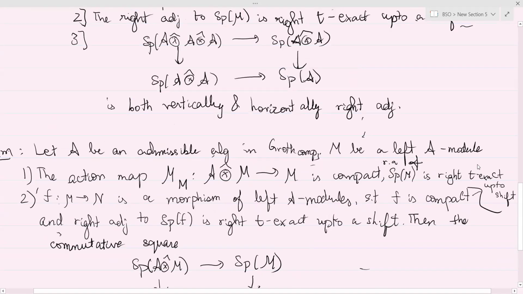So this first condition is saying that A tensor M defines a morphism in Groth-ST-Comp. Translating that is to say that the action map is compact and the right adjoint of Sp of mu_M is right exact up to a shift.